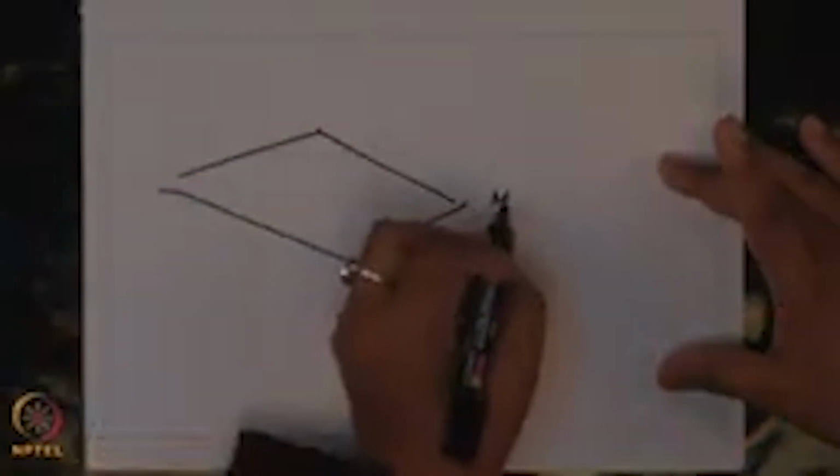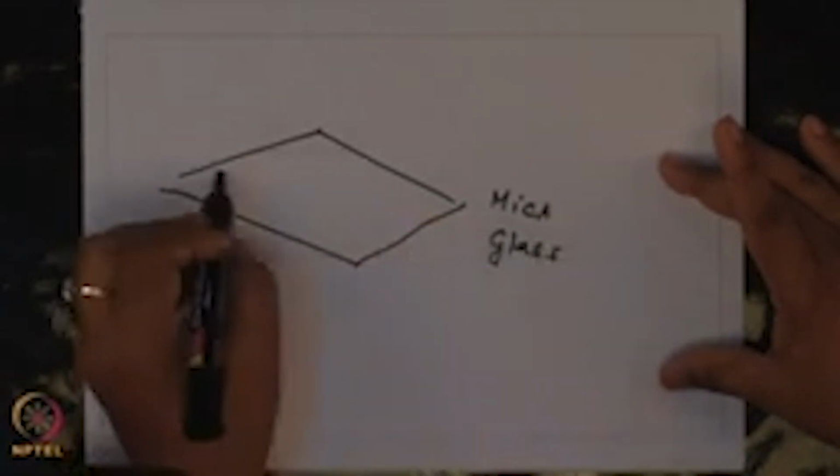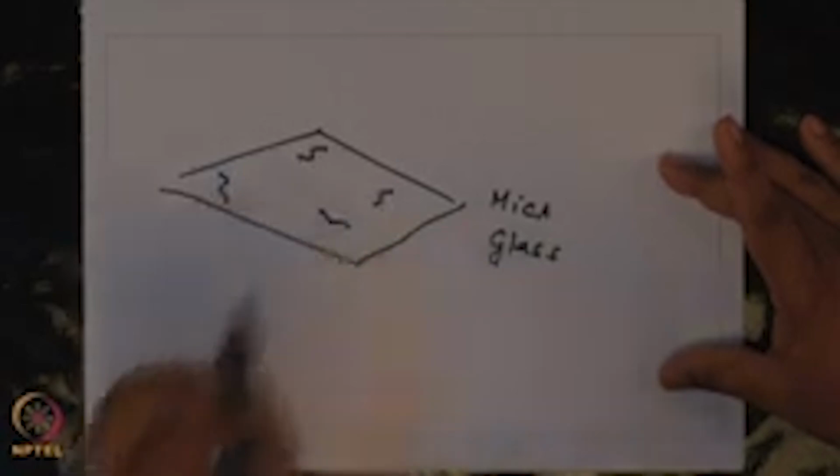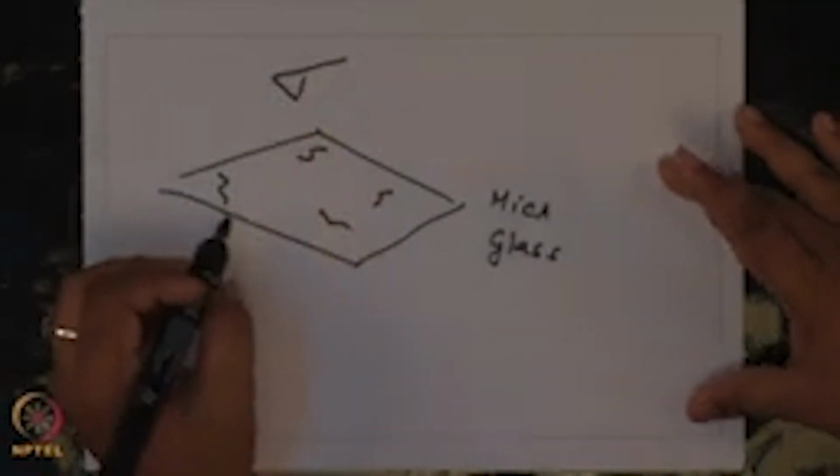One more thing I had mentioned in the last lecture, when you want to study protein unfolding: you have a substrate, which might be mica or glass, and let us say these protein molecules are passively adsorbed onto the surface.